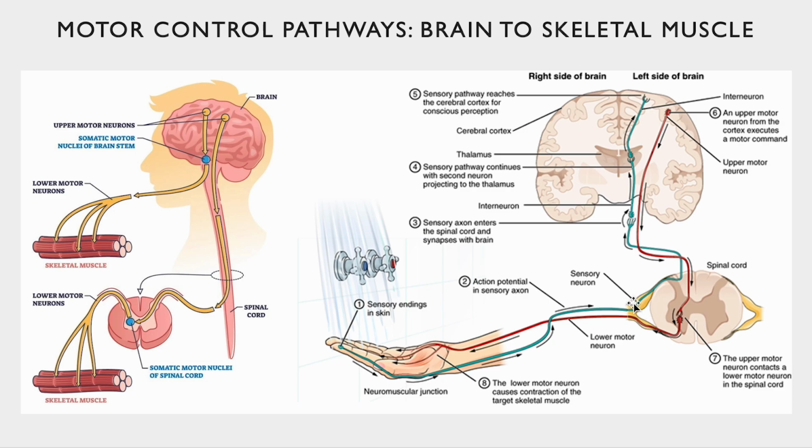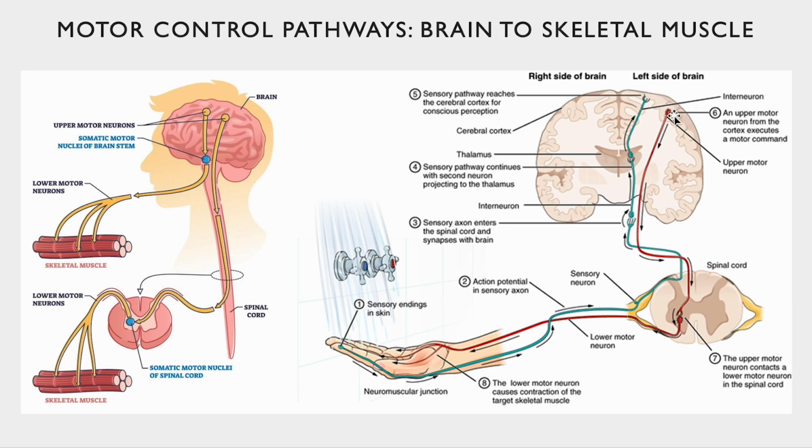There you have the neuronal body, and this axon that goes up and enters the spinal cord. Then we have the second order neuron that goes to the thalamus. And from the thalamus, we have the third order neuron that goes to the primary sensory cortex.